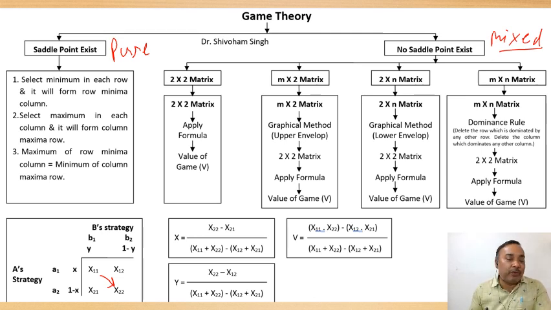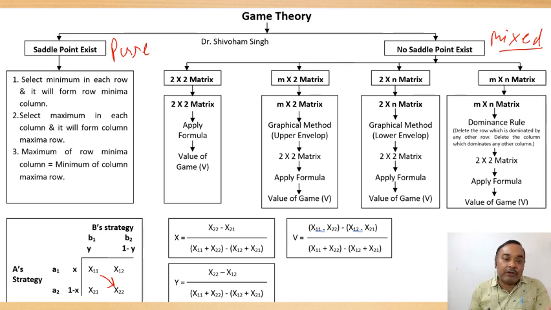Similarly, we go over here, but in place of multiplying, we apply the simplest format, which is plus. So the denominator is x11 plus x22 minus x12 plus x21, in all three cases.